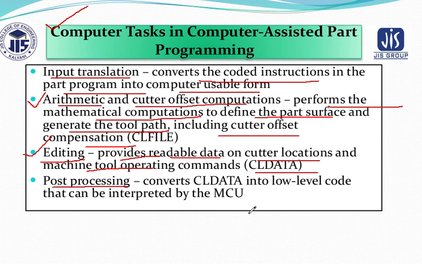Post processing basically converts the CL data into low level code that can be interpreted by the machine control unit. So the post processing takes the CL data that has been achieved from the editing portion and converts it into low level code that can be interpreted by the machine control unit.